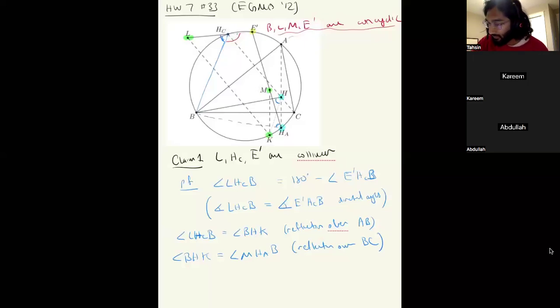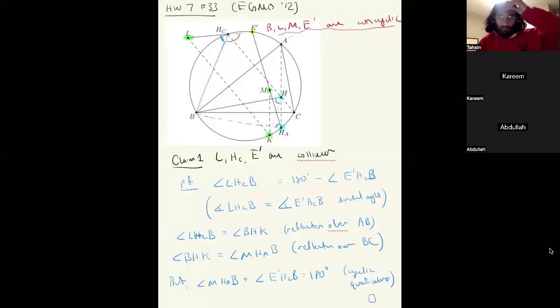So angle MHAB plus angle E prime HCB equals 180 degrees by cyclic quadrilateral. So then that proves collinearity. Does that make sense to everyone?